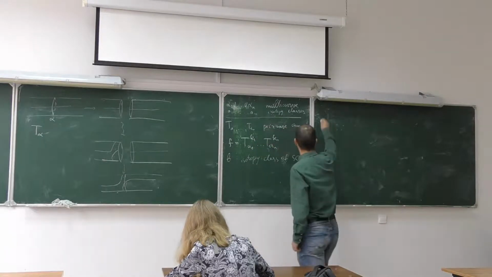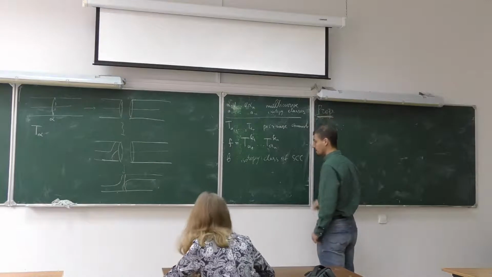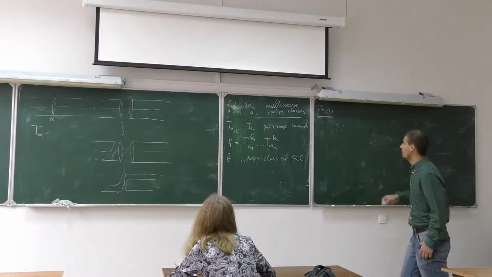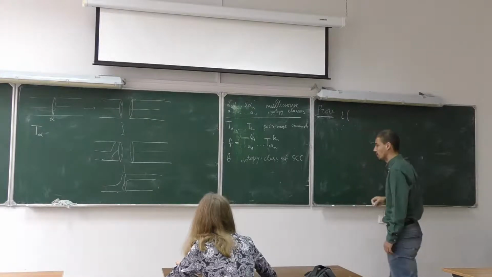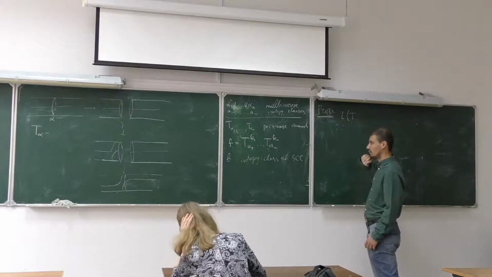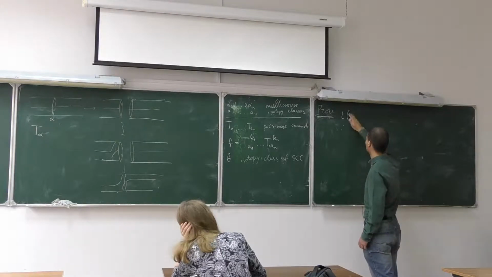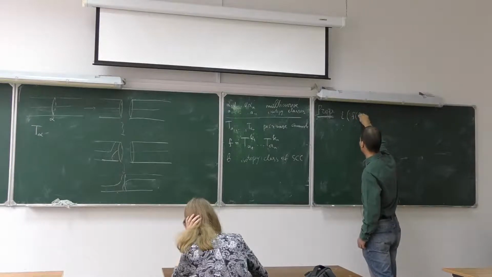And there is the following technical but very useful proposition. We may look at the geometric intersection number of the following thing. We may consider f of b with b.